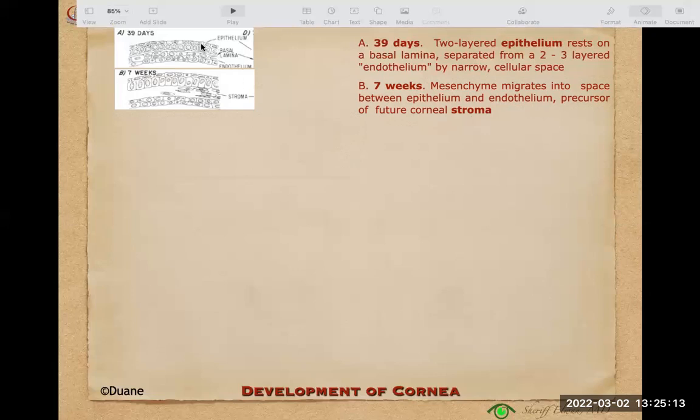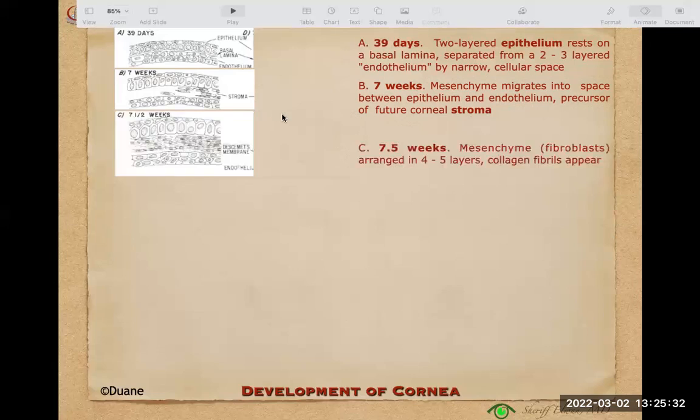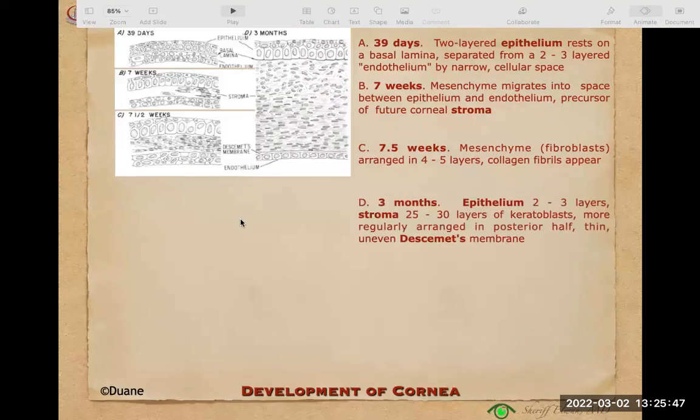So the epithelium of the cornea develops from the ectoderm, the endothelium and Descemet's develop from the neural crest, which is developing from the neural ectoderm, and at the 7th week, the mesenchyme invades in between to form the stroma. After half a week, fibroblasts from the mesenchyme are arranged in 5 to 7 layers with appearance of collagen fibrils, with the stroma increasing in thickness.